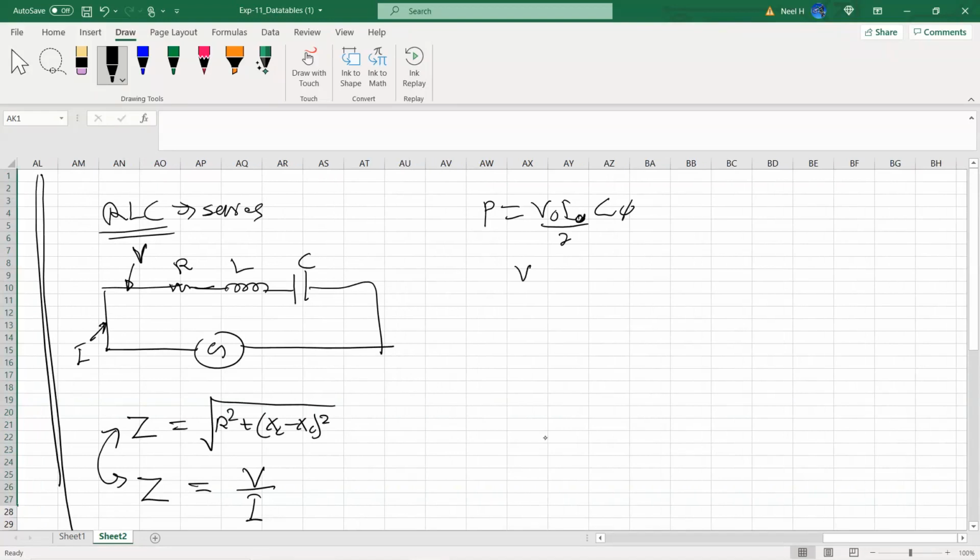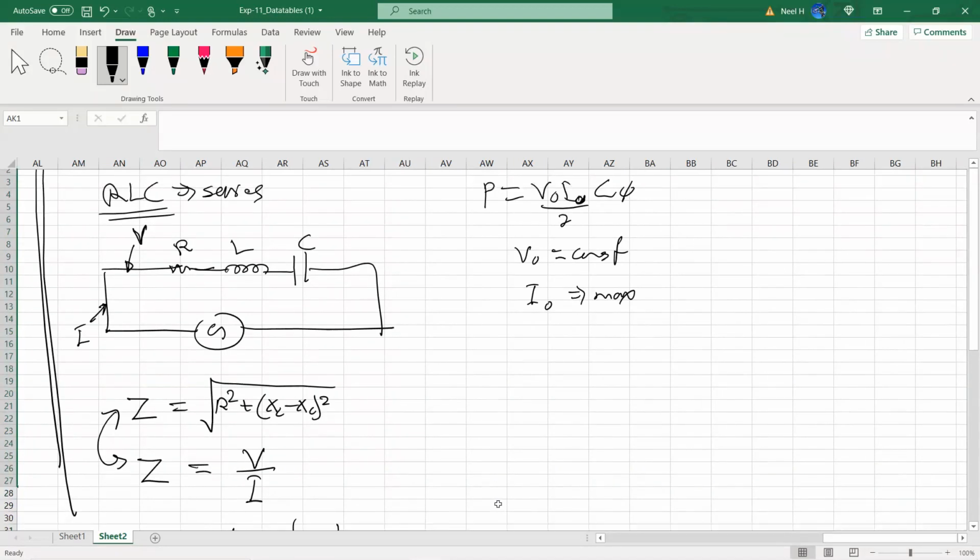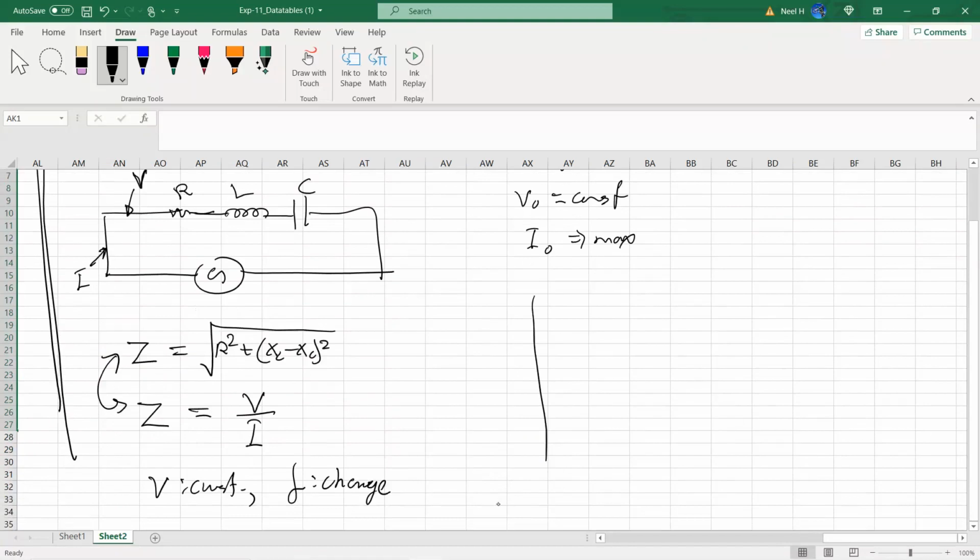Because V0 we keep constant without any change, power can be maximized only when I0 is maximized, which means this circuit will give us a very different observation than the previous ones. If I detect the current as a function of frequency, we will see the current slowly maximize and then disappear again as the frequency goes to the higher range. That is what we call the resonance point, right? When the maximum current is happening, the power becomes maximum. That's called the resonance point.